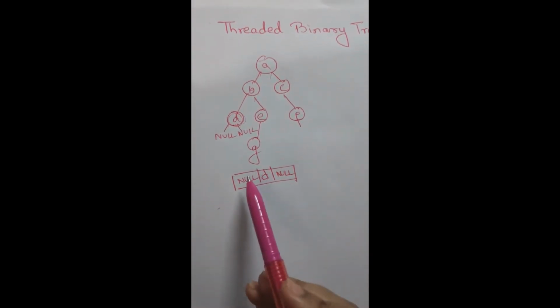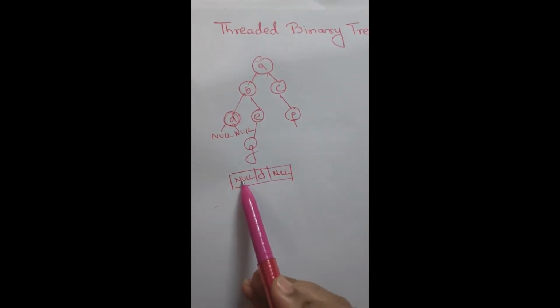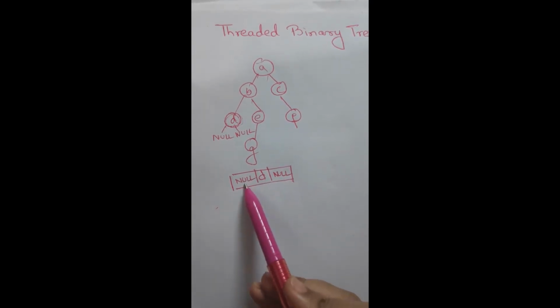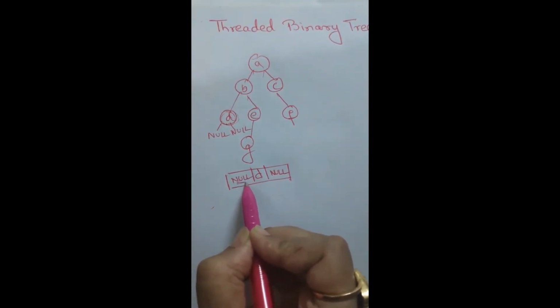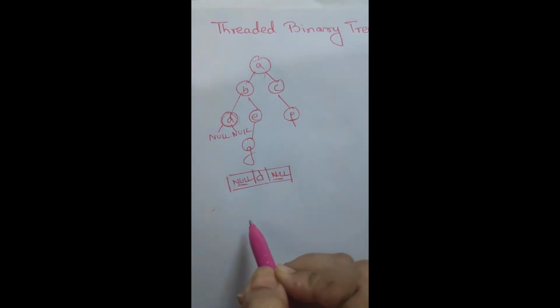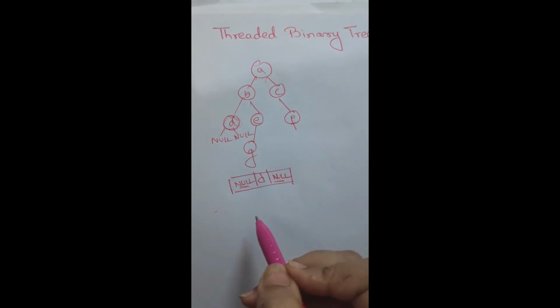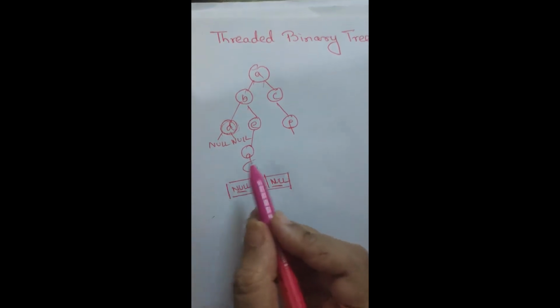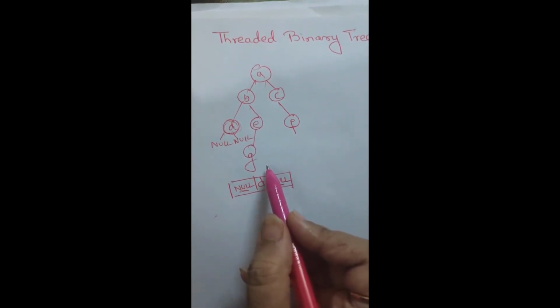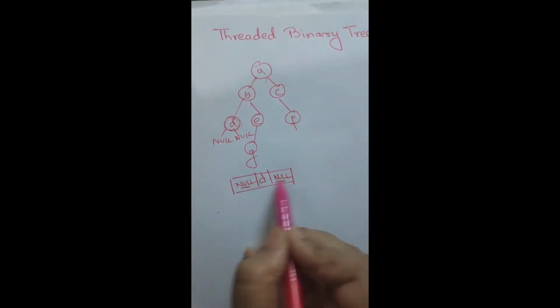Now, the concept is I have already allocated memory for this node. So when I am storing these null values over here, basically I am wasting the memory that I have already allocated, because since I have allocated the memory for the node D, this memory has been already given to me.